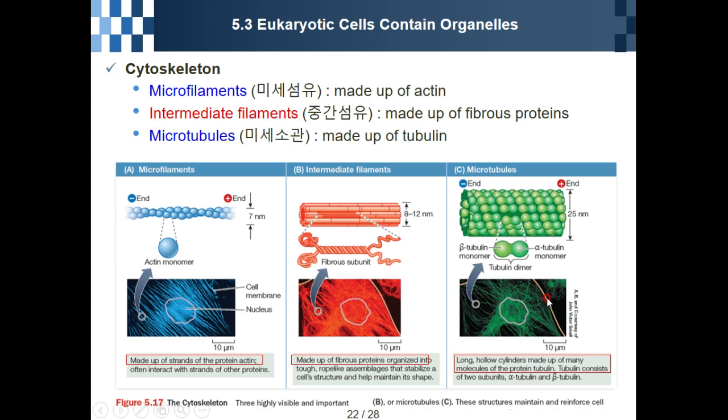You can see this is the nucleus, and you will see lots of microtubules near the nucleus because they play a very important role in cell division. Their main function is that they attach to the chromosomes and divide the chromosomes, like this.